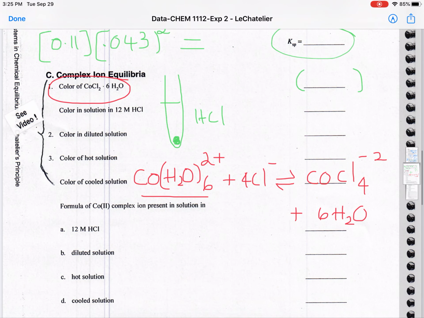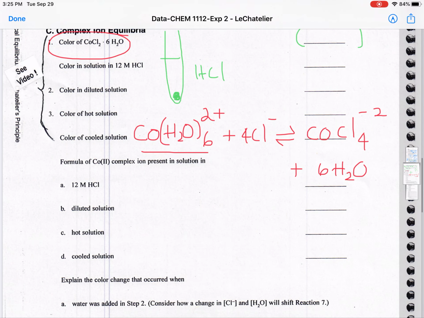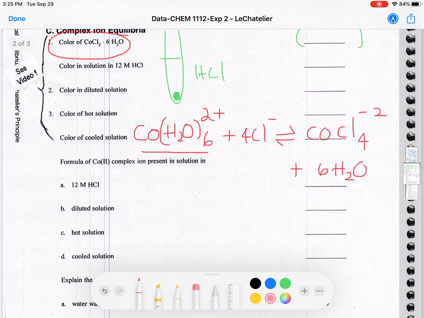What is the color? Cobalt water complex is pink in color. But when it forms the cobalt chloride complex in a solution form, this would be blue. This is blue in color.